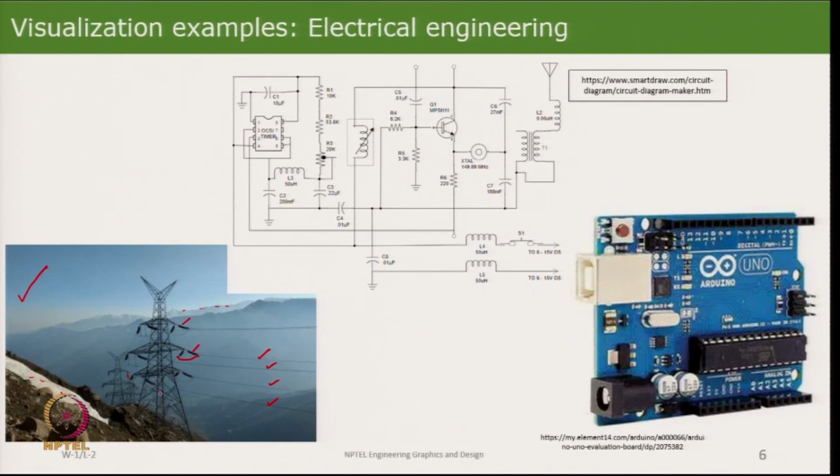So, the structure of this tower is dictated, of course, first and primarily by the electrical requirements of what should be the spacing between the lines and between ground and the lines.